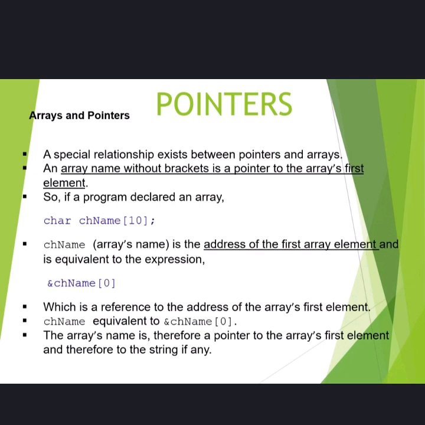So, if a program declared an array char chname[10], chname is the address of the first array element and is equivalent to the expression which is the reference to the address of the array's first element. chname is equivalent to &chname[0]. The array's name is therefore a pointer to the array's first element and therefore to the string, if any.